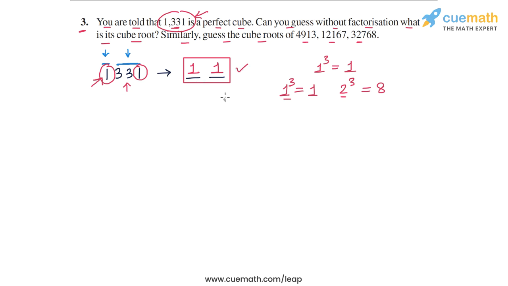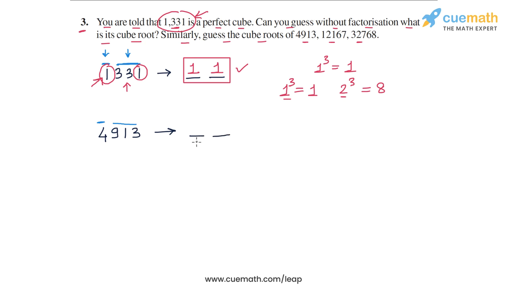Now let's apply this technique to the other 3 numbers. The second number is 4913, and once again if we make groups of 3 digits, we get 913 in the first group and 4 in the second group. Because we have 2 groups we will have 2 digits in the cube root.